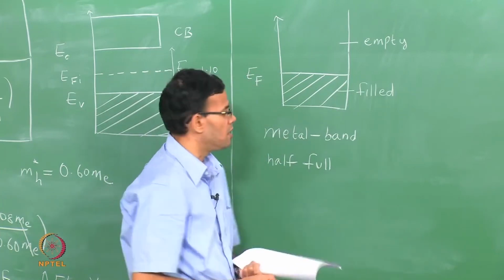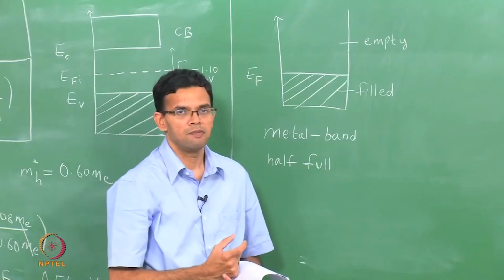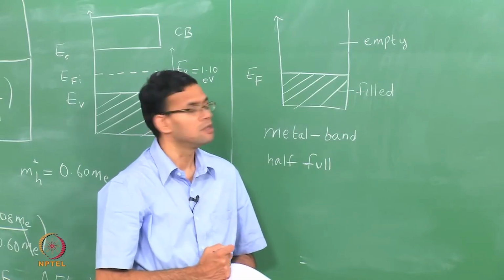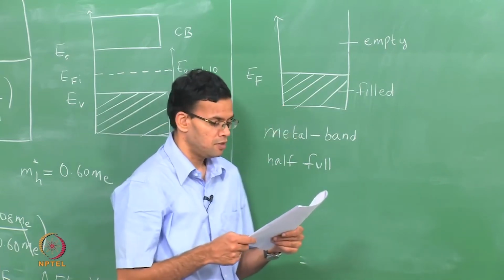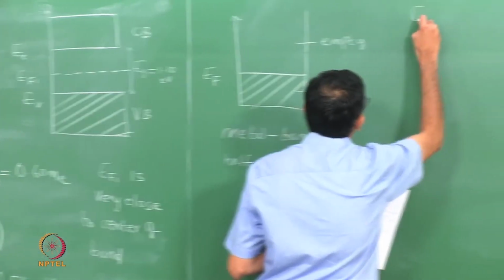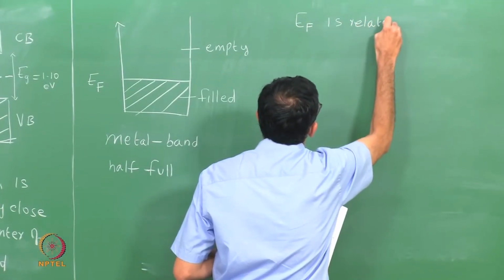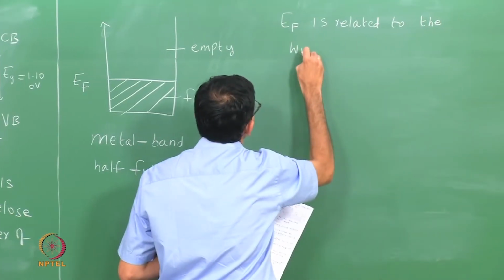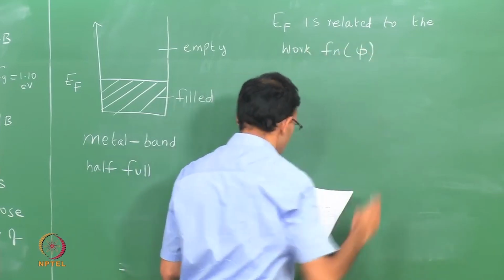Now, in the case of a semiconductor, we have a valence band that is completely full, we have a conduction band that is completely empty. So, the question is, where do we put the Fermi energy? Now, to look at it, there is another way of defining Fermi energy. EF is related to the work function, we will call the work function psi.